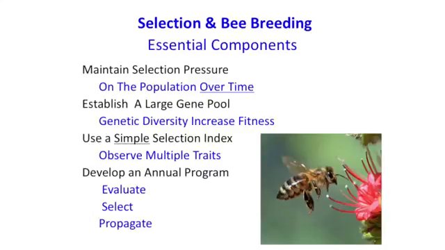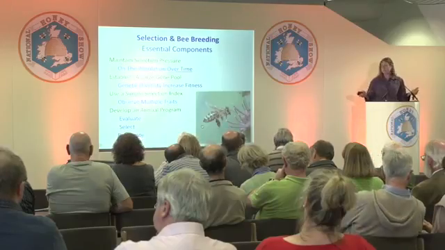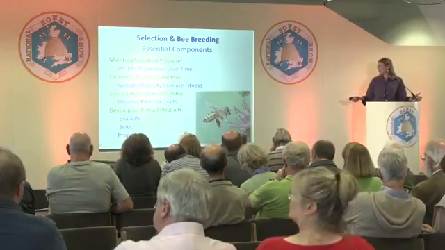Genetic diversity is really important. We've talked about that quite a bit. It increases general fitness. Not only do you get the inbreeding problems, but you just get loss of vigor if you don't have a nice, good gene pool. So the selection method I use is very simple.